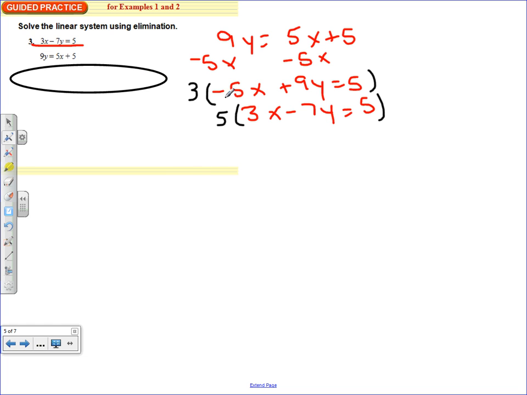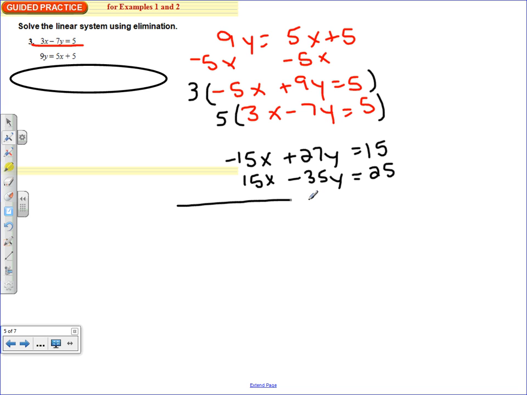So let's do that math. 3 times negative 5x, negative 15x. 3 times 9y, 27y, and 3 times 5 is 15. 5 times 3x would be 15x. 5 times negative 7y would be negative 35y, and 5 times 5 would be 25. We have created our opposites, so we can eliminate one of our variables. That would be our x.